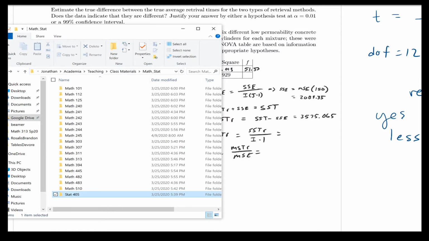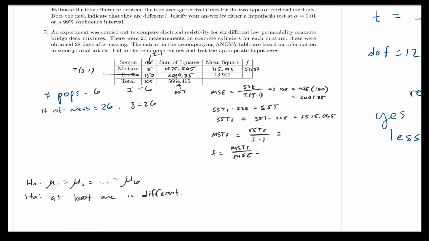I'll just look it up in my textbook here. So I'll look up the F distribution. Okay, here we go. Degrees of freedom number 1 is 5.